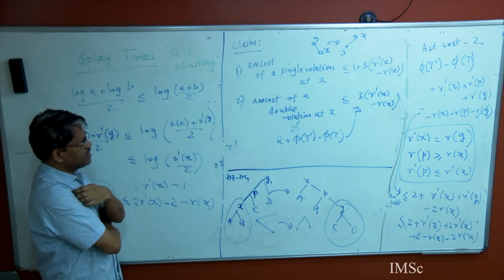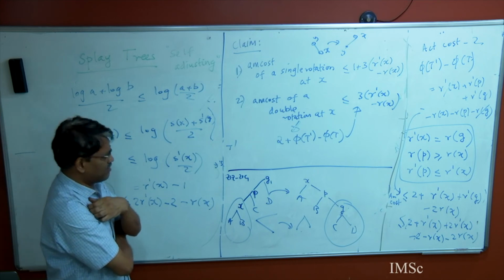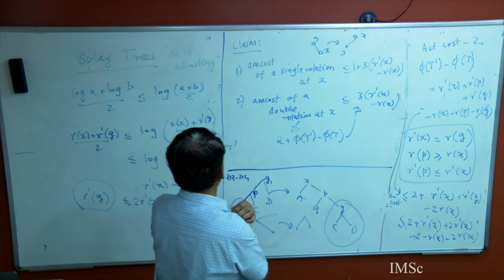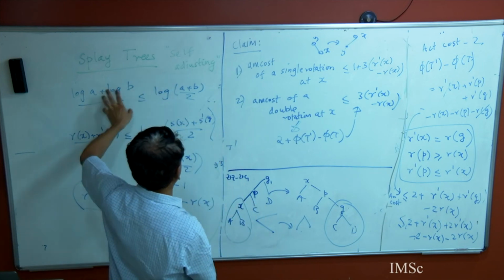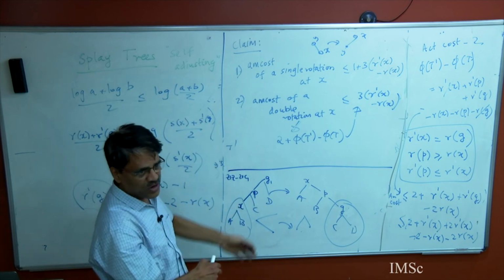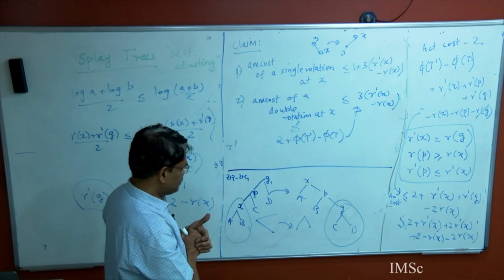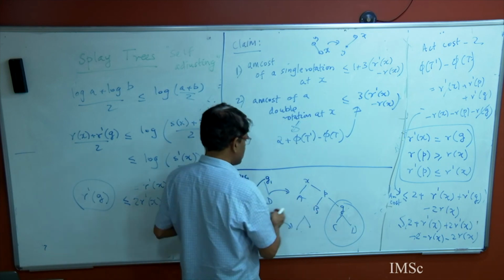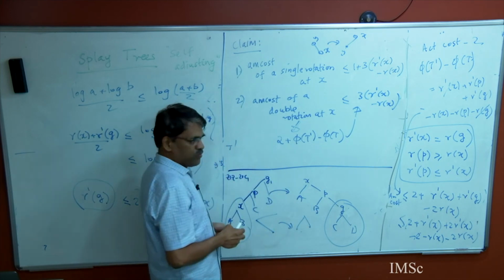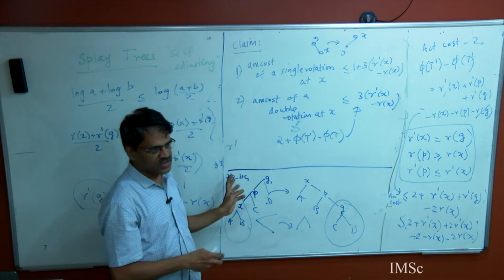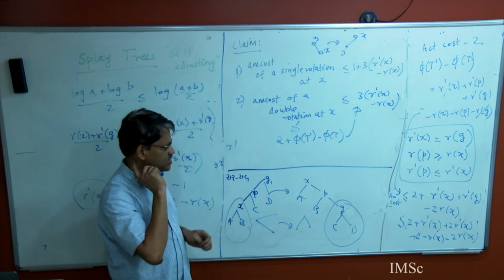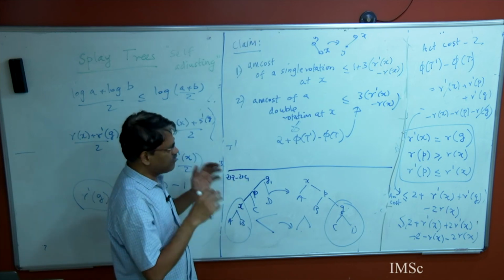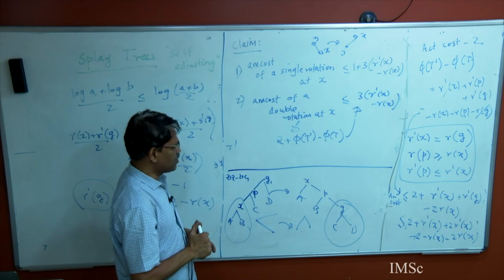They had this in the 90s, and then people were looking at why this, and there are slight variations of the potentials for which this still works. Why this potential, why this kind of rotations, can you do various other kinds of rotations, variations of splaying, that's all been looked at. Some answers are known.